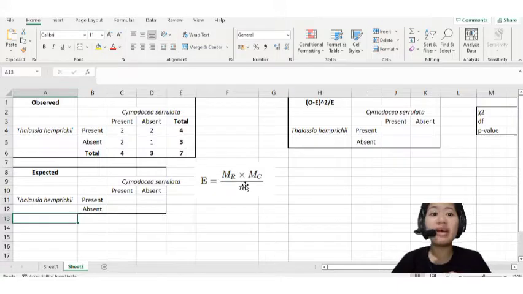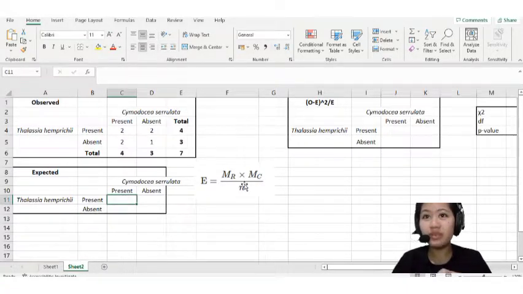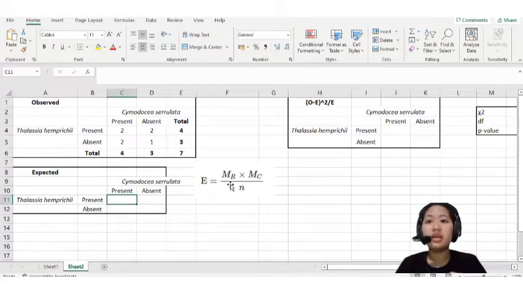First, we must calculate the expected value here. We multiply the row marginal and the column marginal, then divide it by the total number.